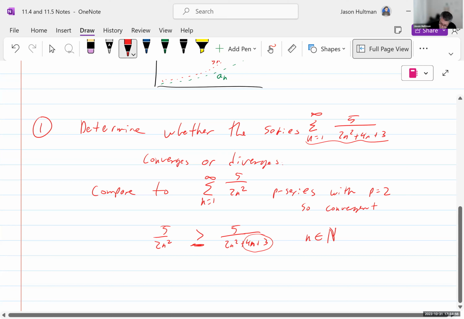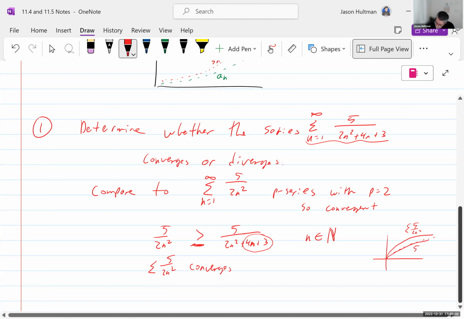So if this series 5 over 2n squared converges, then because that's the bigger one of the two, remember, go back to the picture. Okay, if that series converges with my partial sums, then something that's always smaller will also converge.